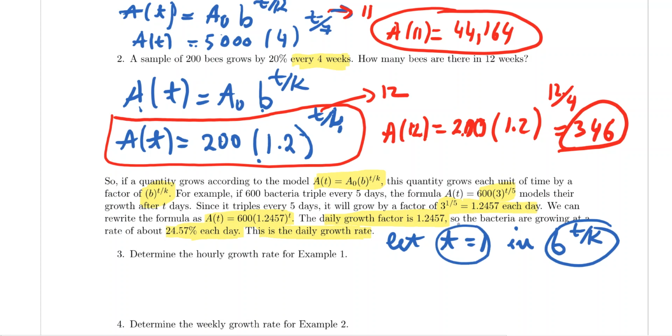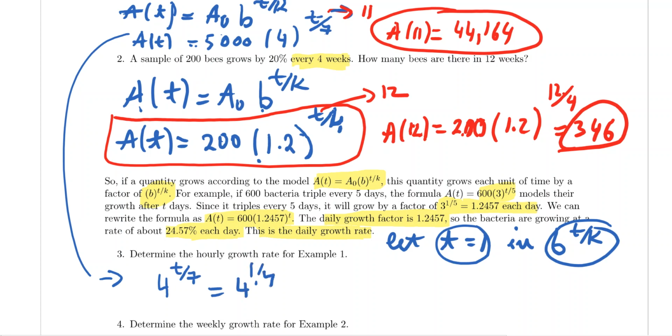All right, so determine the hourly growth rate. For example 1, this was example 1 right here. So basically, in the growth factor 4 to the T over 7, I let T equal 1 to represent 1 hour.